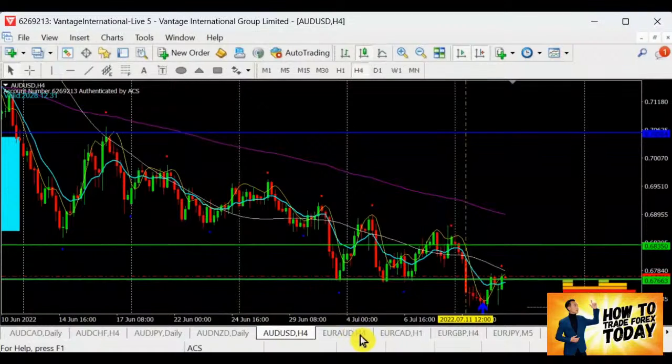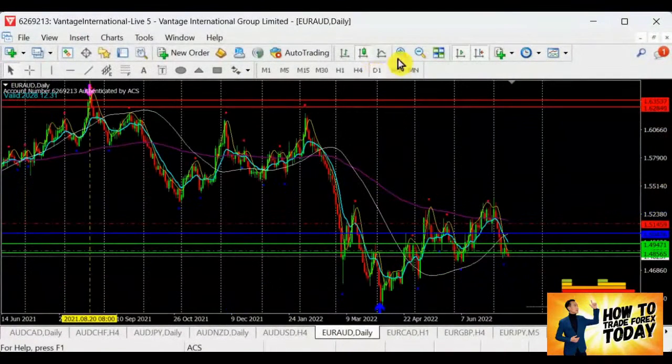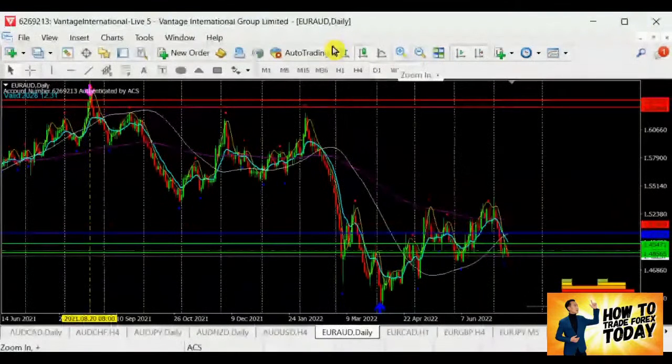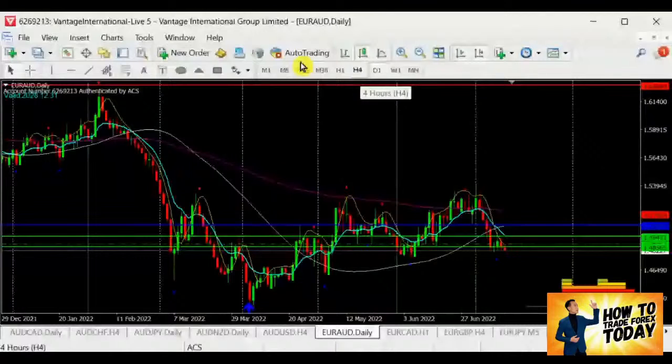Euro Aussie. Let's take a look at Euro Aussie. Tentatively, we are now in the bull testing the support. Does it mean that it will come back? Right now we have broken the support over here. But looking at this, Euro Aussie seems like it's coming back for retesting.